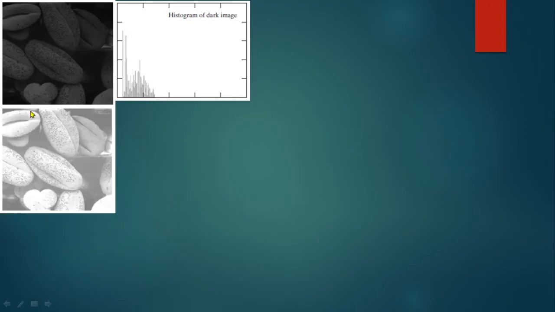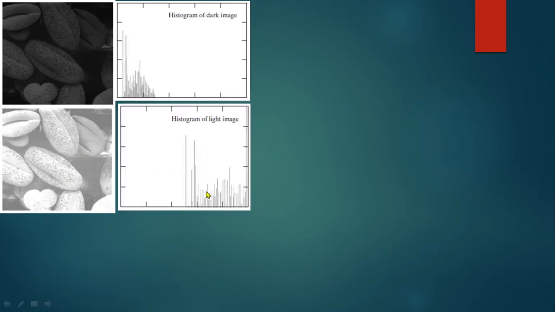In another example, most of the pixels are occupying the high intensity levels, very bright intensity levels. All these pixels have high intensity levels, so the histogram is spread in the high levels.